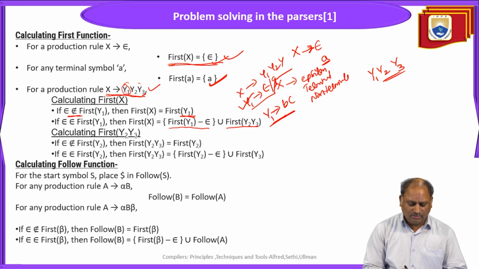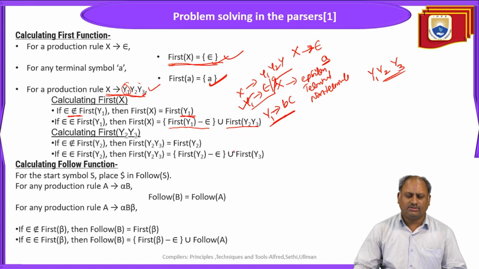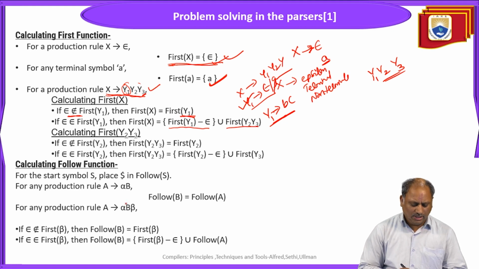If there is any y4, y5, we calculate that also. That is how first is computed.